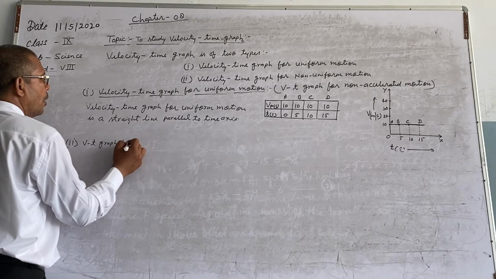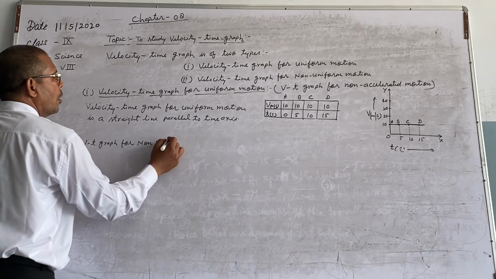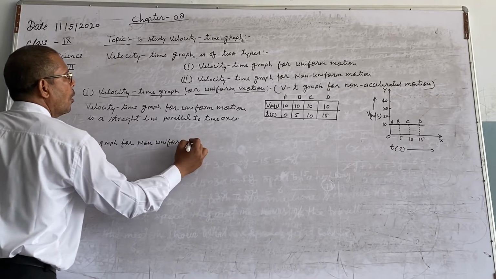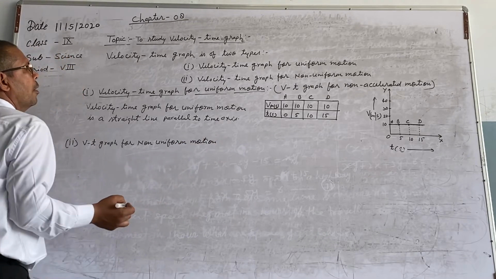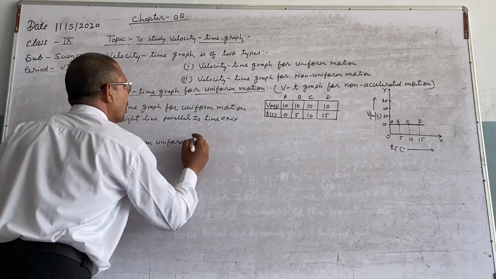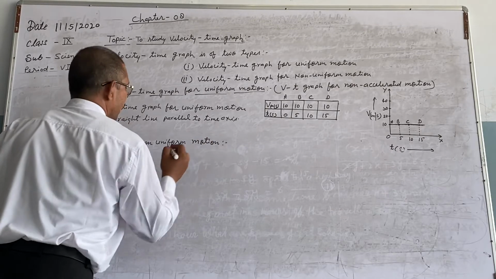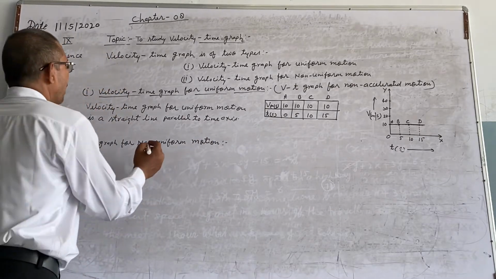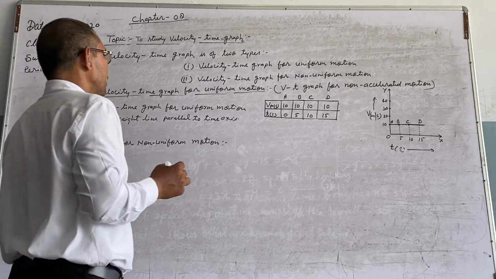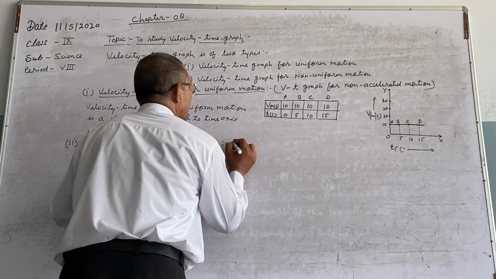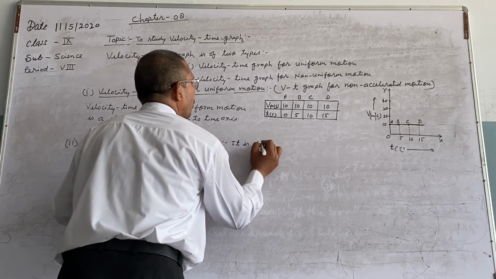Second thing, velocity time graph for non-uniform motion. That velocity time graph for non-uniform motion is of two types.